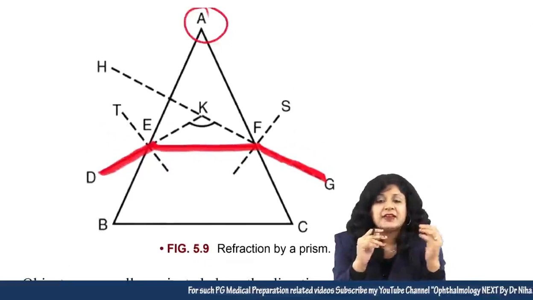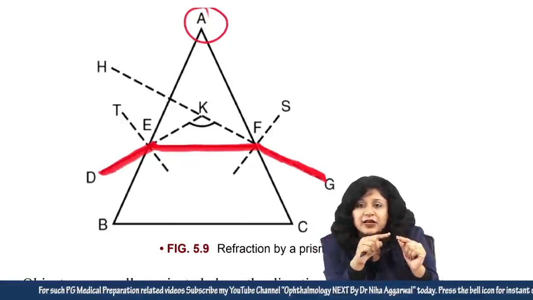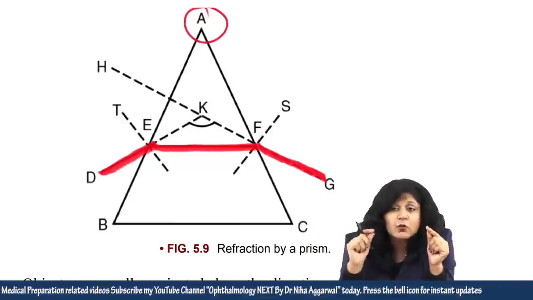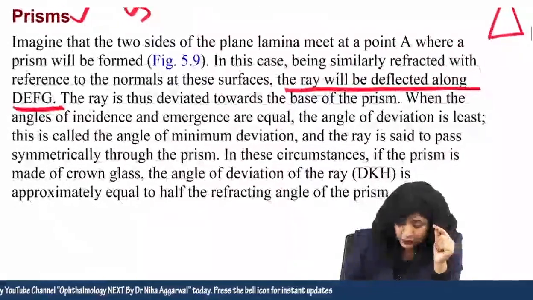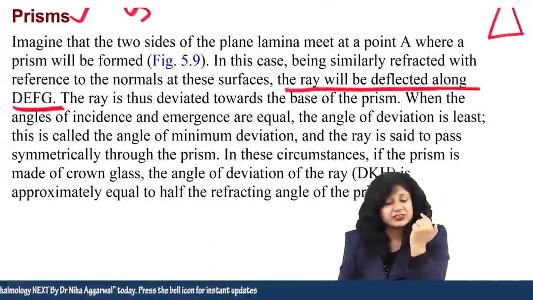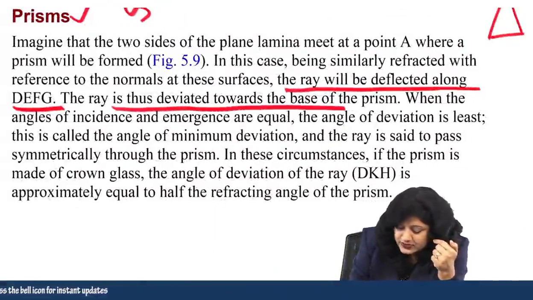Now the rays are traversing through a path. This is your DEFG. Because it is refracting through this DEFG, the rays are deviated towards the base of the prism.